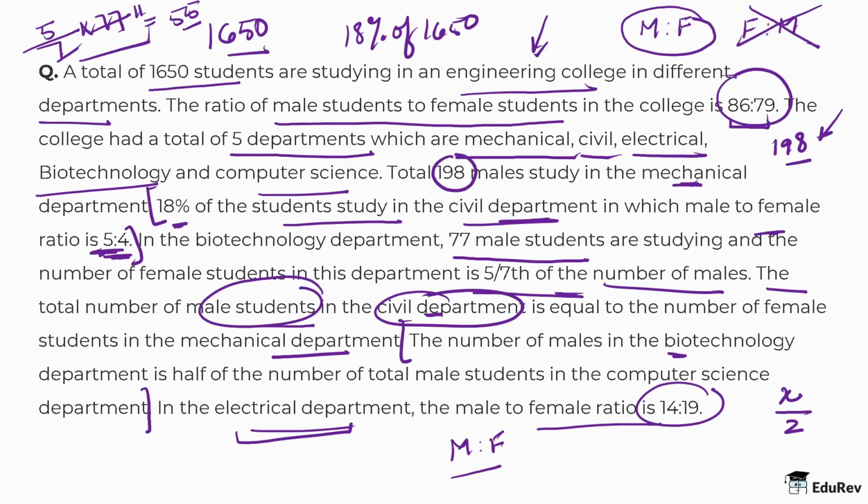This is all that is provided within this question. So what we need to do is go step by step to evaluate the total number, the males and females in each department, and this is exactly what we need to do to solve the question.